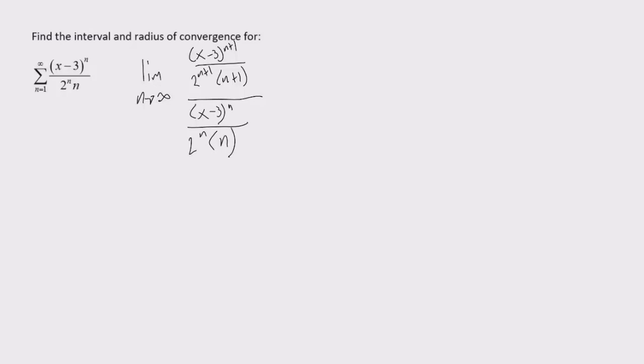Okay, and so our task is to try to simplify all these expressions to see what we end up with. All right, so I'm going to do a little bit of exponent action here because I'm essentially dividing by a fraction, so I can multiply by the reciprocal. But let's think about that (x minus 3) to the n plus 1 power. That really means (x minus 3) to the nth power times (x minus 3) to the first power.